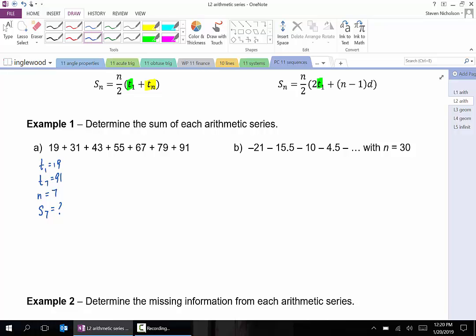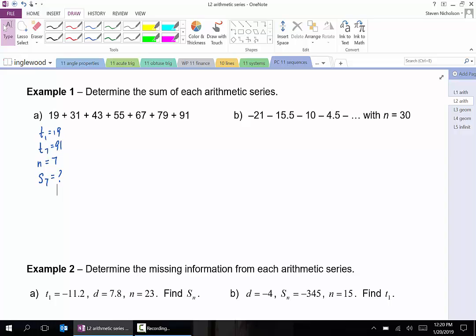So again, what we could do is add those all together. It might not take you as long as using the formula actually, but when you have a longer string it becomes much more cumbersome. So we're going to use our S of 7 formula, which is equal to n over 2 times T1 plus T7. There are a number of ways to do this. If you want to change 7 over 2 to a decimal, you can go right ahead.